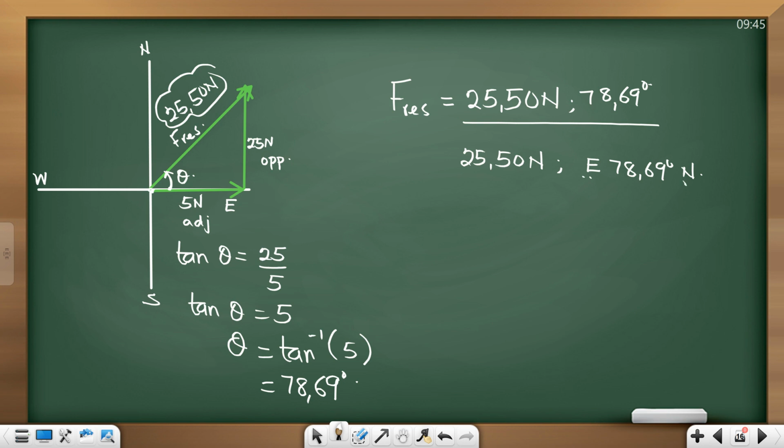You would find some other representations like that, telling us where you are starting from and where you are ending. Starting from the east, because somebody else could measure that 78,69 from somewhere else, due to different representations and understanding of angles. But usually it starts from the positive x and we move anti-clockwise. But I'll show you different questions as we go on and how you should then write your answer.